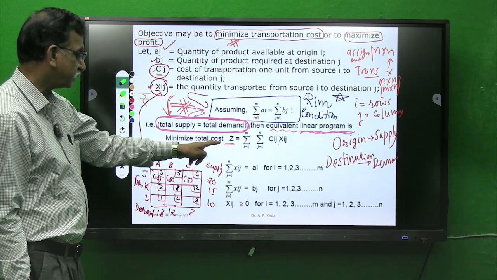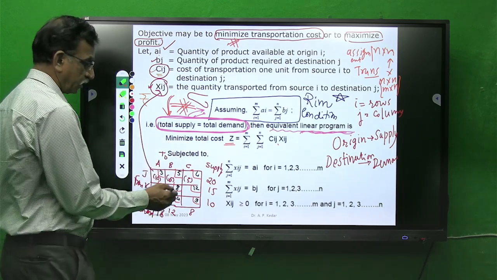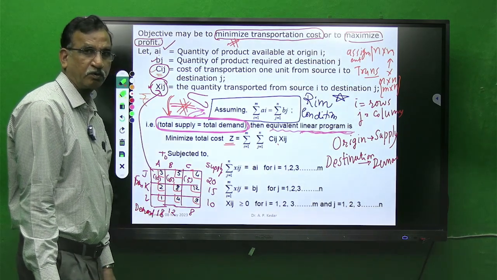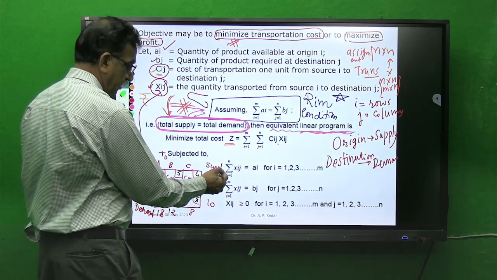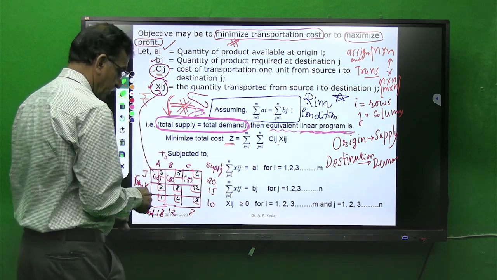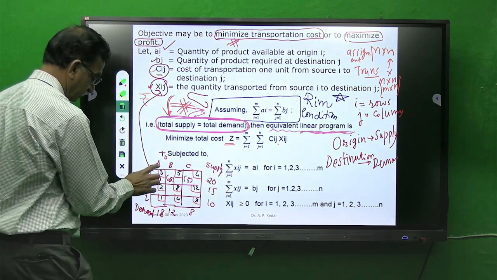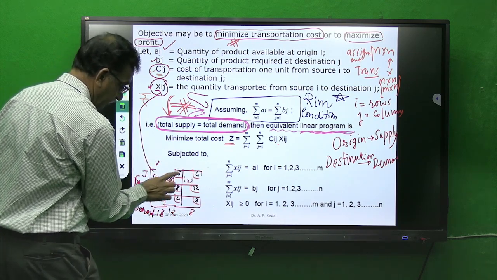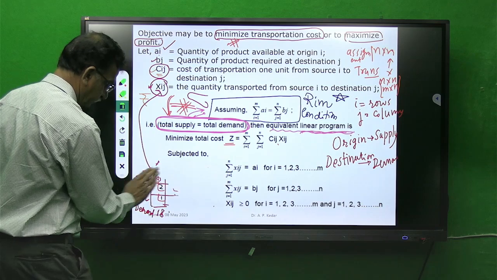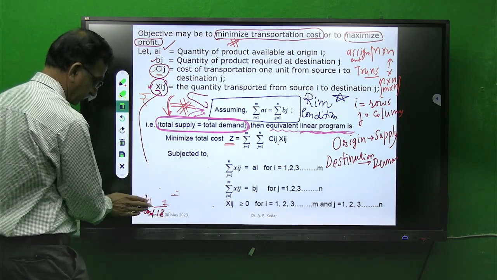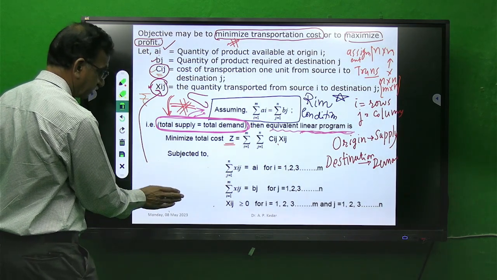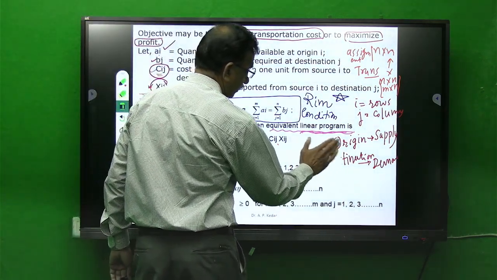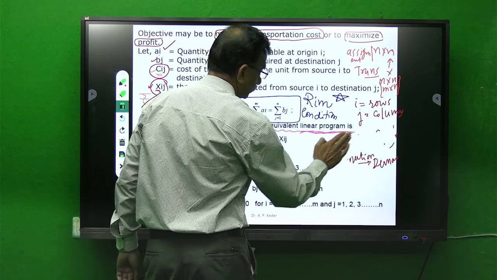So this is the objective function, and we can write the equations in the form of linear equations. Our attention will now be only on what the equivalent linear program is. So the equivalent linear program goes like this.